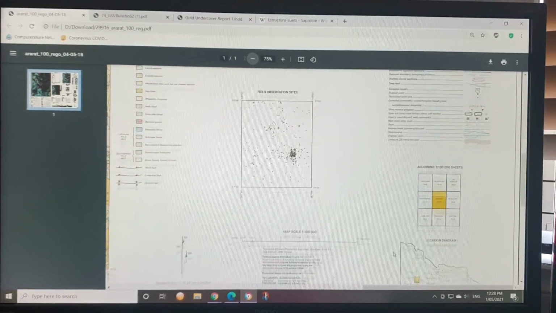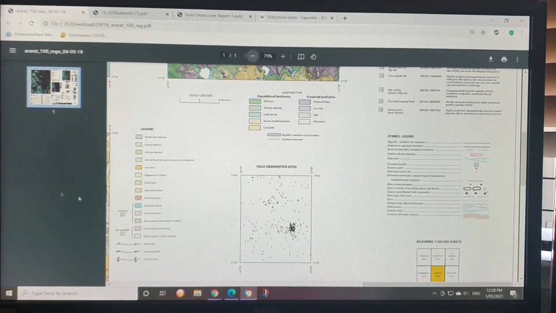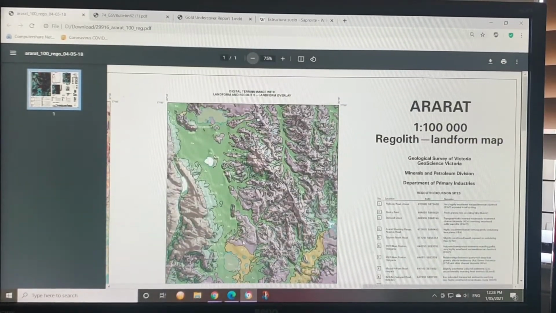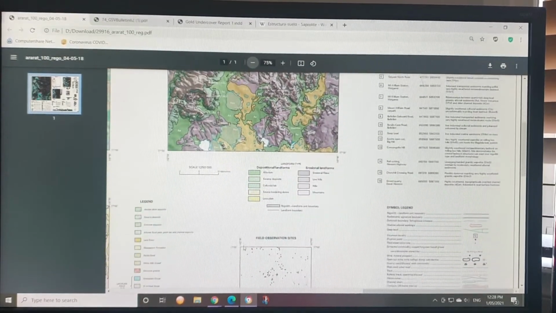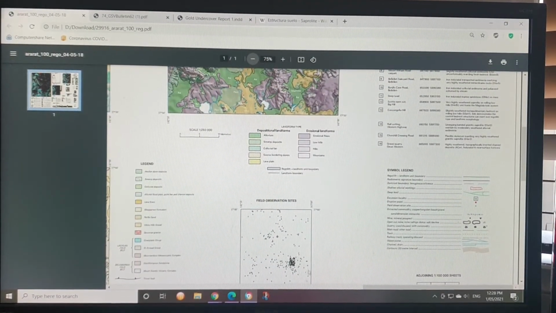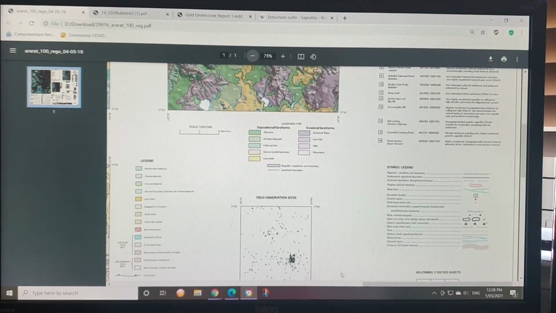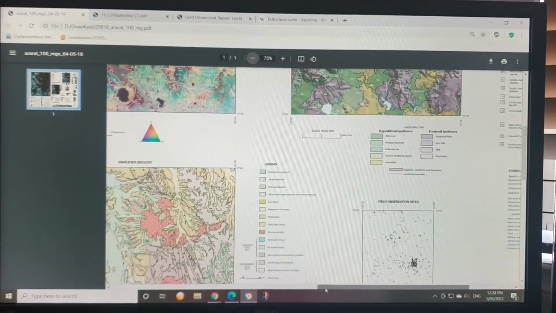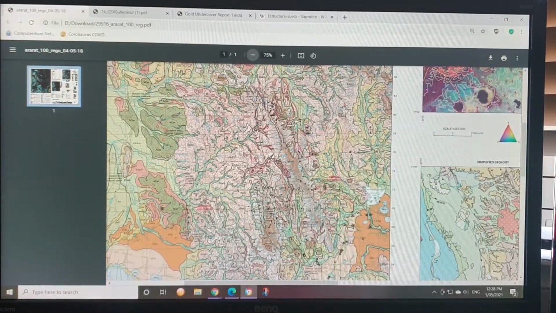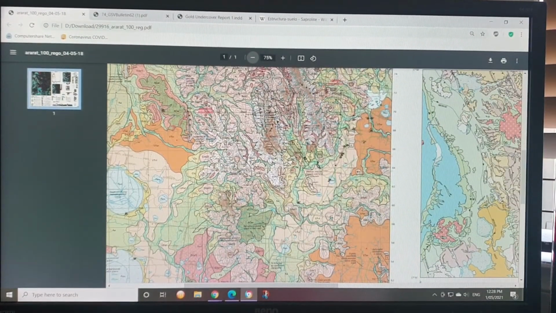So and then explanation. So this is probably transposed on the Regolith map, which is actually good. Okay, so that's not the actual gold, that's actually just field observation sites. So I was a bit confused before. So anyway, let's go back to the actual map.